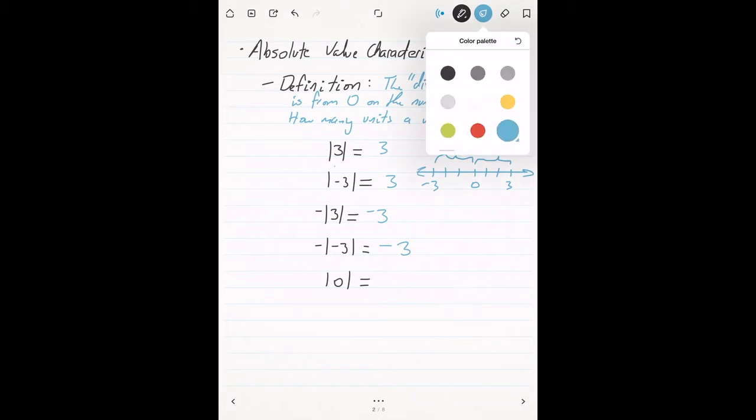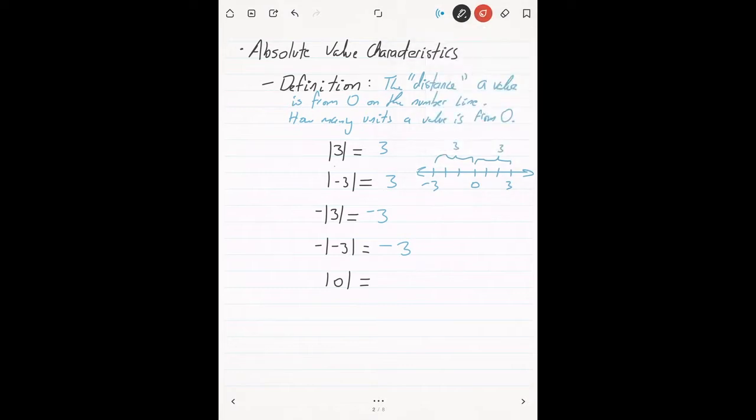Now, something to point out, a lot of times I'll see people take a look at the double negatives here and they say, okay, negative, absolute value of negative 3. Sometimes they'll say distribute that, and they'll get a positive 3. And then the absolute value of positive 3 is just, well, 3.